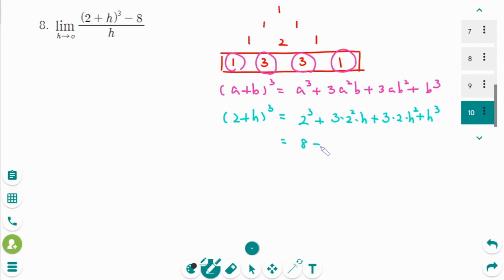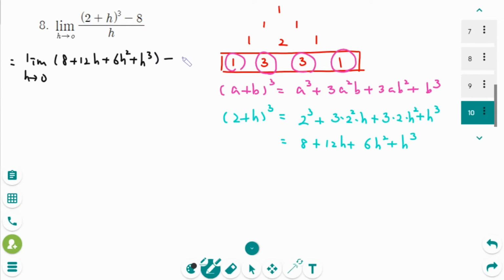So it is 8 plus 3 times 4, which is 12h, 6h squared, and h cubed. So we can rewrite that one: 8 plus 12h plus 6h squared plus h cubed minus 8 over h. Then 8 is cancelled out.